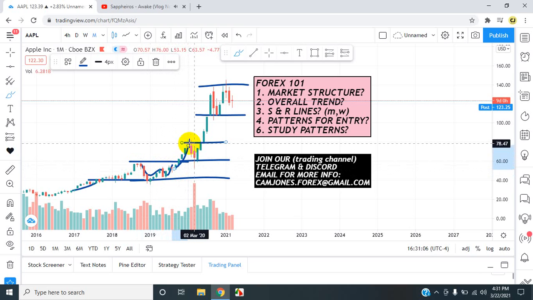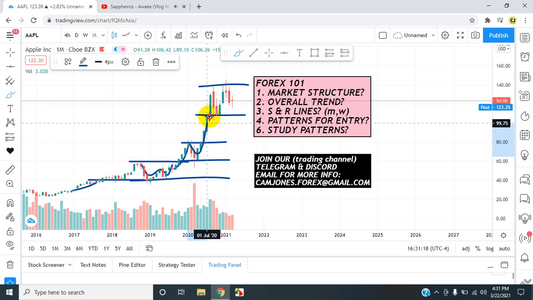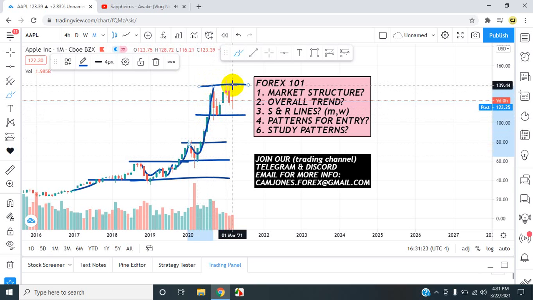Now right here created new areas of higher highs. The market came back down to retest the support to create momentum for another push up. Broke resistance, went to another area of resistance, went to a third area of resistance, created new areas of higher highs, and this is the highest the market has ever been back in September of 2020.